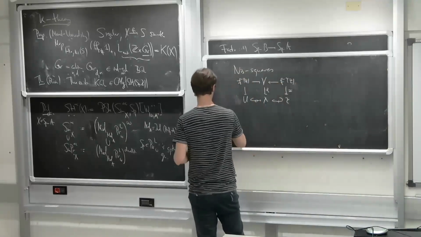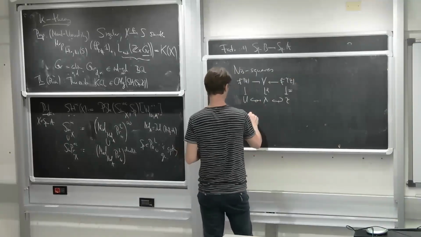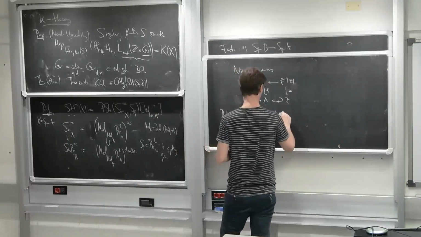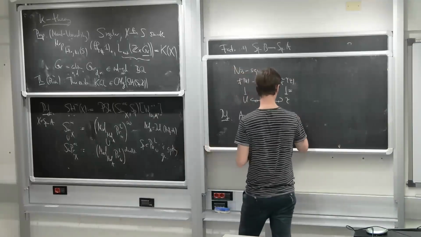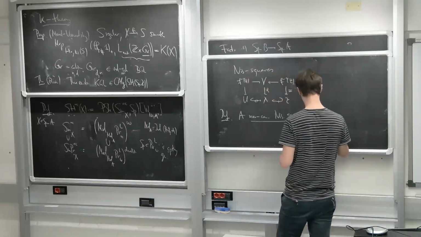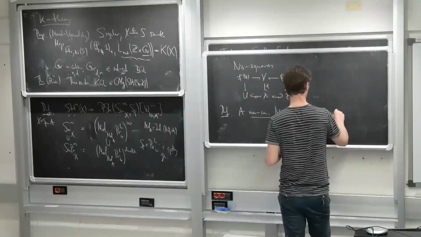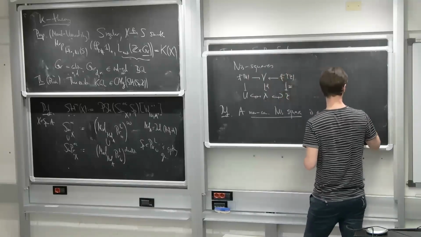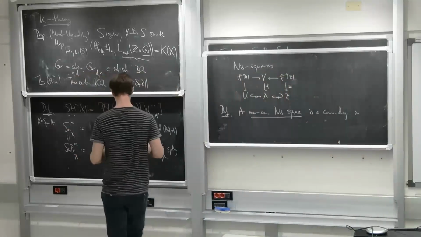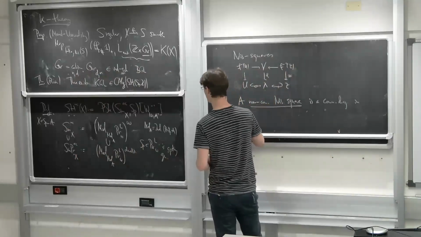So here's the definition. A non-commutative Nisnevich square is a commutative diagram. So let's say I fix, just for simplicity, a base ring, or base scheme. In the notes you find this for schemes, but let's not worry about this.